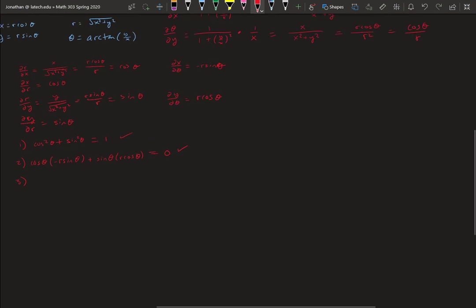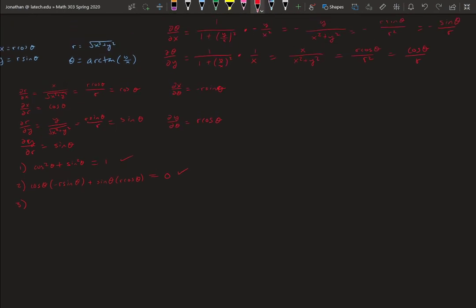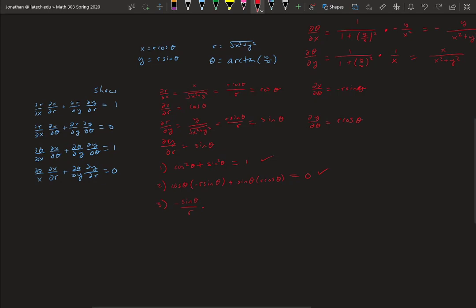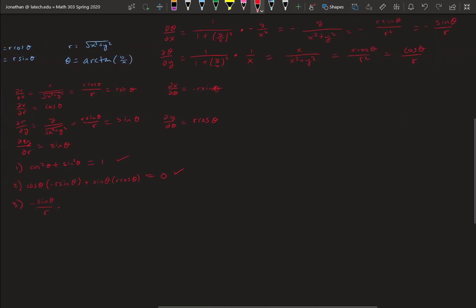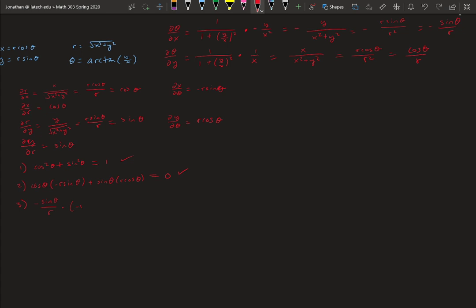So number 3 is, let's see, partial theta, partial x, which is negative sine theta over r times partial x, partial theta. x of theta was negative r sine theta plus partial theta, partial y, which is cosine theta over r times partial y, partial theta, which is r cosine theta, which is sine squared theta plus cosine squared theta, which is 1.